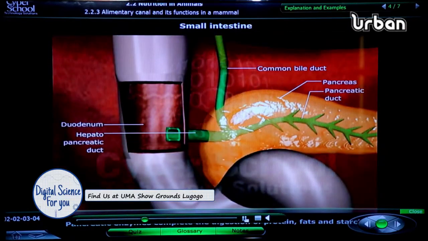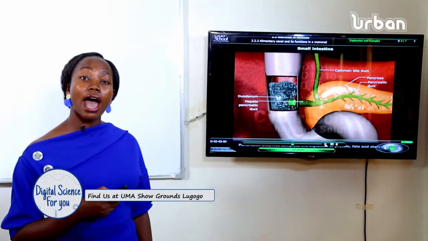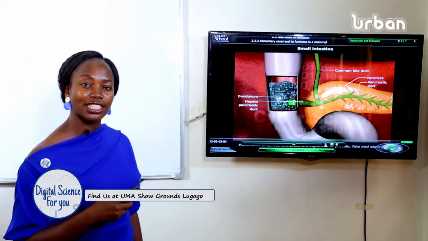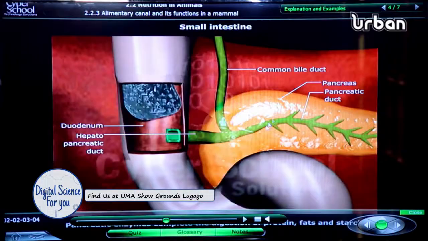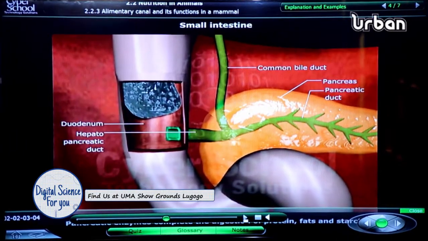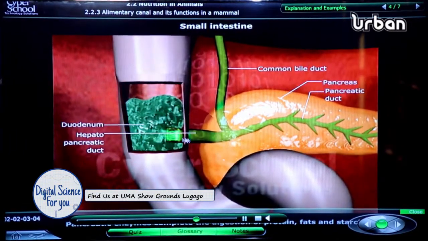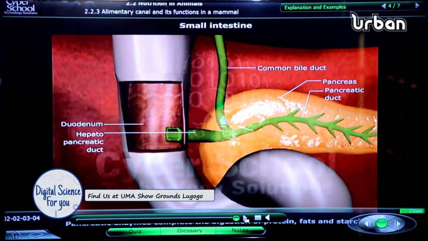We can see how it is moving, and it is poured into the duodenum. But then the other juice, which is pancreatic juice, actually comes from the pancreas. And we can see here is the pancreas, and the pancreatic juice moves like that. It is poured there onto the food.